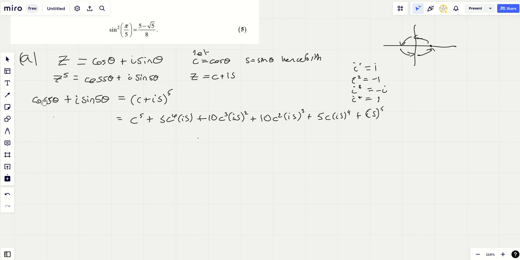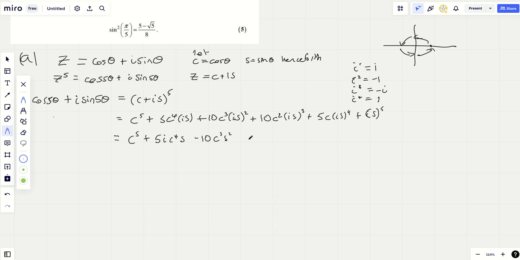It's a rotation. But okay, so knowing that, we can now simplify this to c to the 5, plus 5i c to the 4 s, minus 10 c cubed s squared. We're not actually going to use that one, but we'll see that in a second.